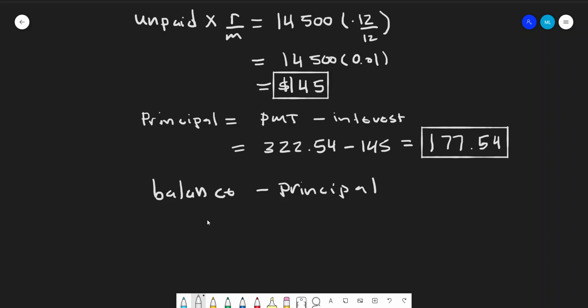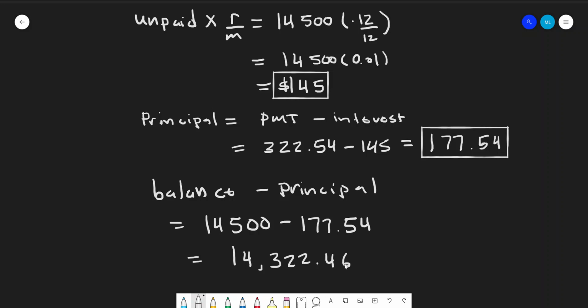So in this case, notice that the balance was $14,500, and you're subtracting the principal of $177.54, which if you go ahead and compute that, you find that it's going to be 14,322.46. Now that was actually just for the first payment essentially.